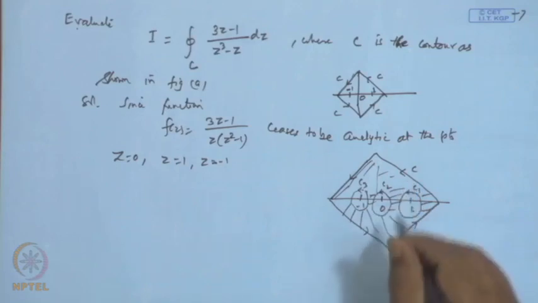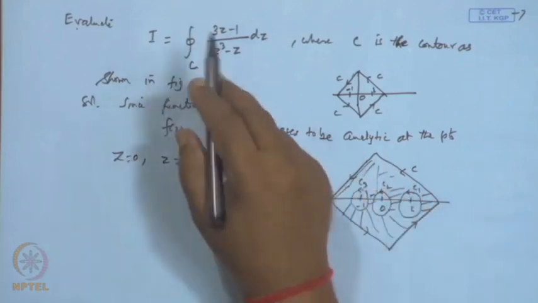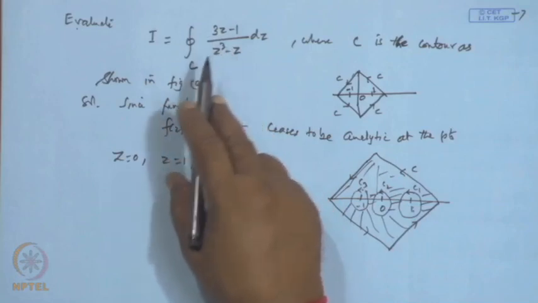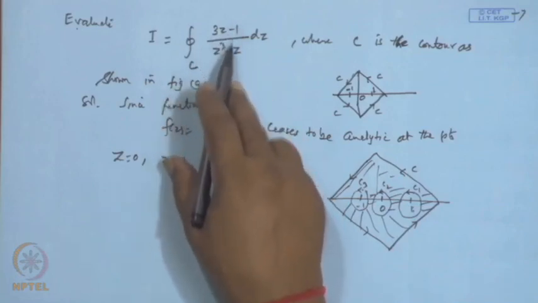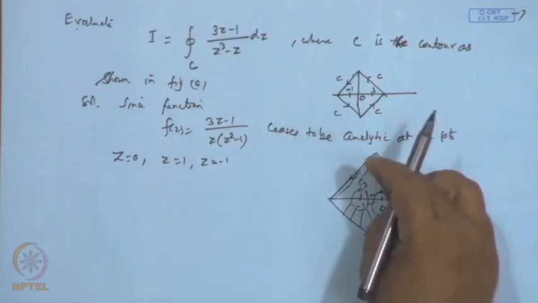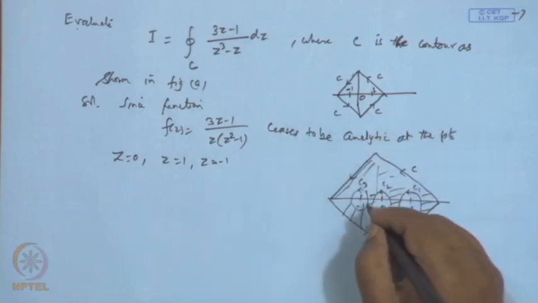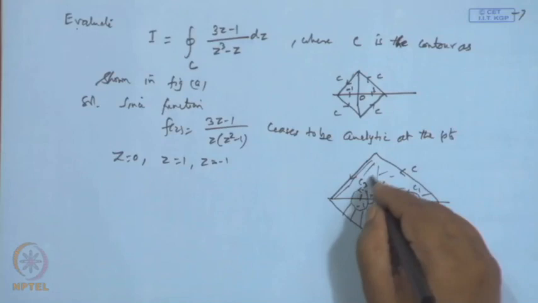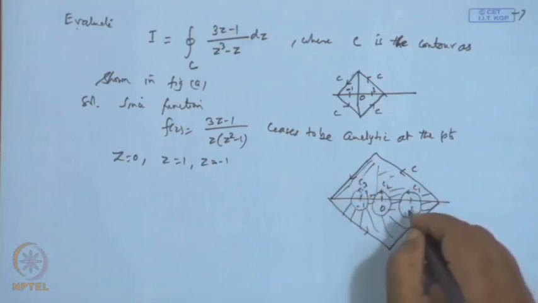So, by Cauchy theorem, take the function f(z) = (3z minus 1)/(z cube minus z). The function is not analytic at these points, but if I remove these points, then the rest of the domain is analytic.